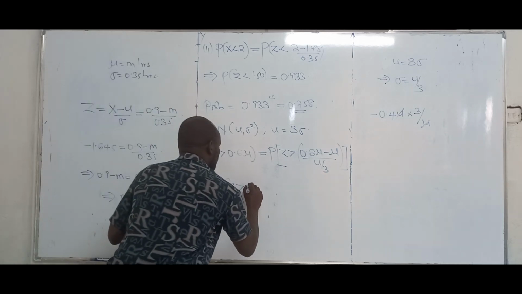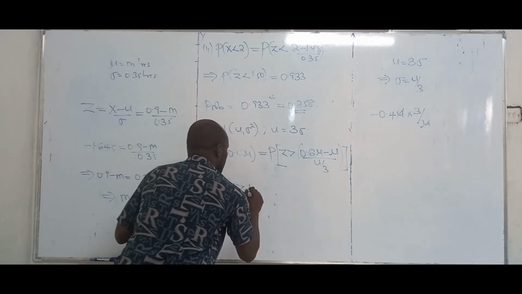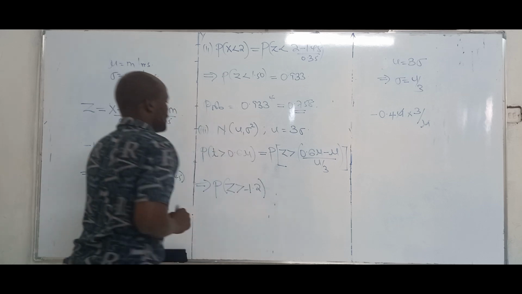So the probability that Z is greater than negative 1.2.